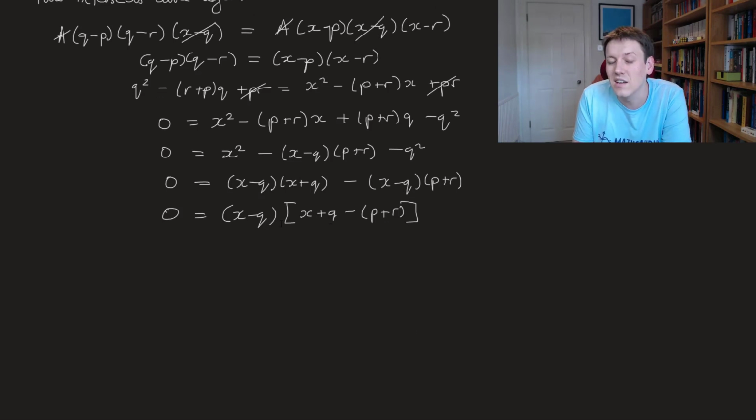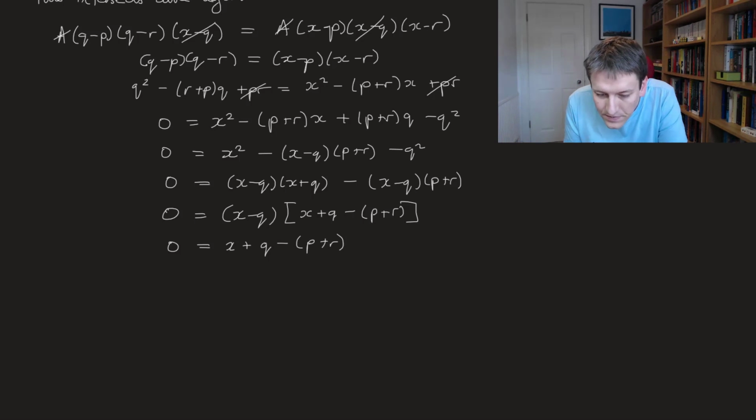Okay, and again, we're actually not interested in this x minus q factor, because that just gives us x equals q again, and we're looking for other intersections apart from x equals q. So this is just 0 equals x plus q minus p plus r, right?